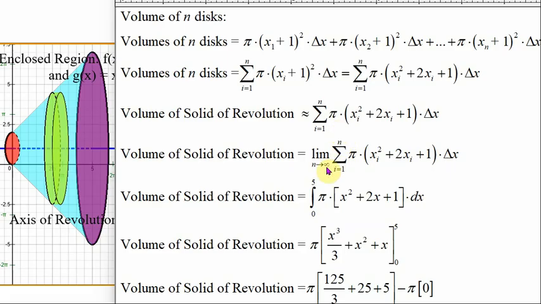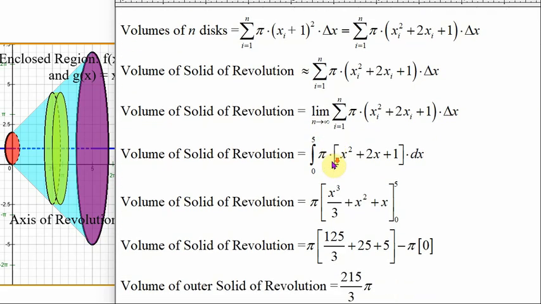And so when n approaches infinity, we would write it like this: the limit of this sum as n approaches infinity. And when this limit exists, we define it as this definite integral from 0 to 5 of pi times x squared plus 2x plus 1, dx.